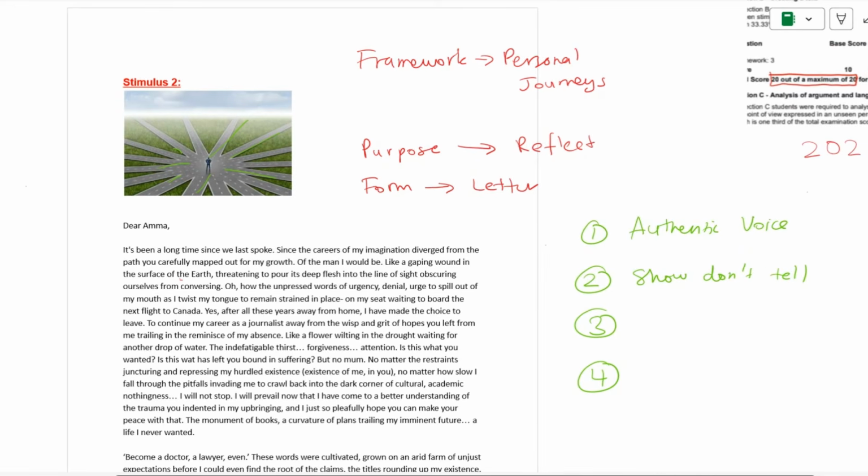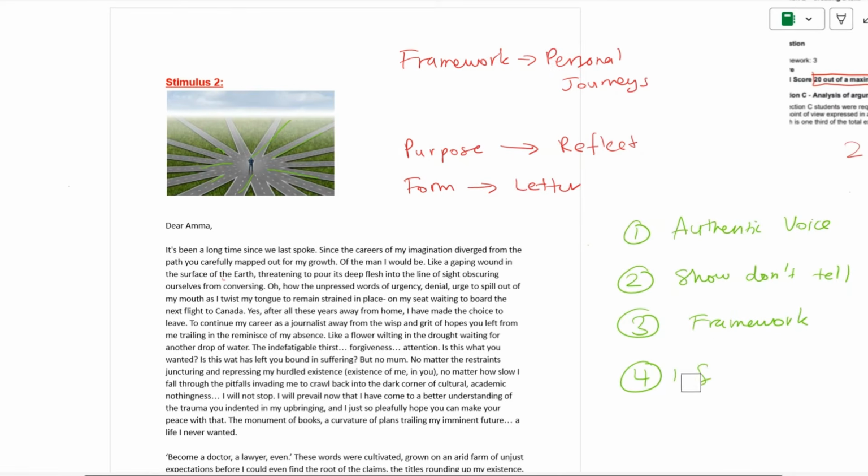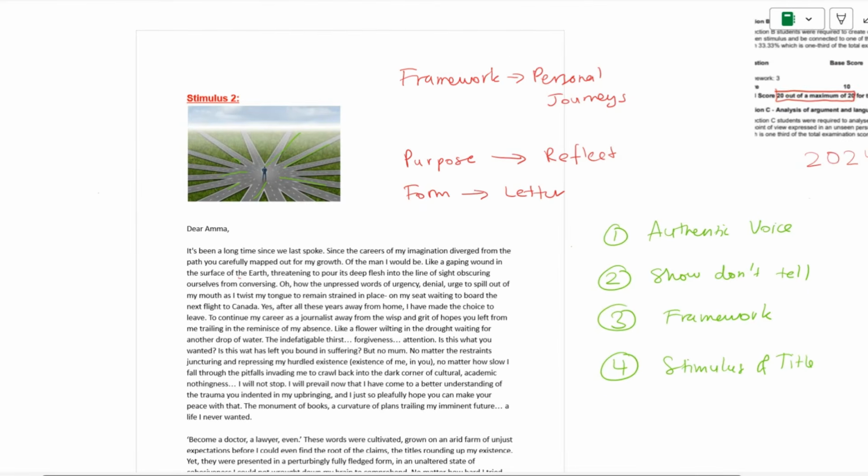The next thing is your framework, so making sure whatever you're writing is actually relevant to or coming from the views and ideas of your framework. And the last thing is your connection to the stimulus and title, and this is ultimately what you will be assessed on, so we will not neglect that as well.